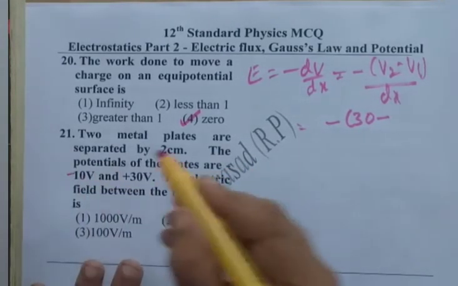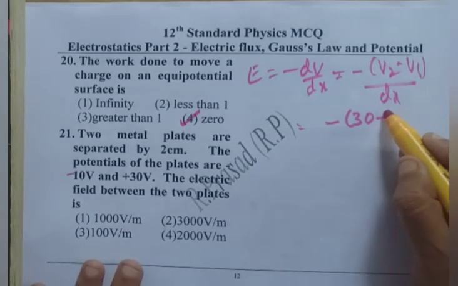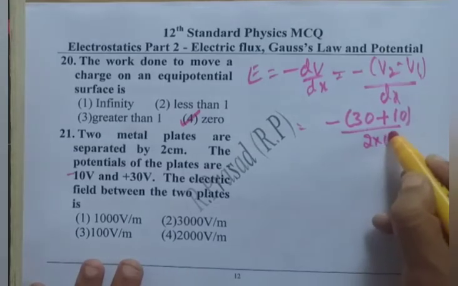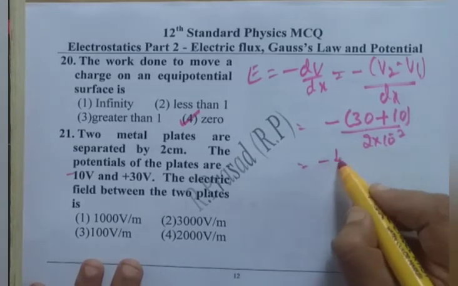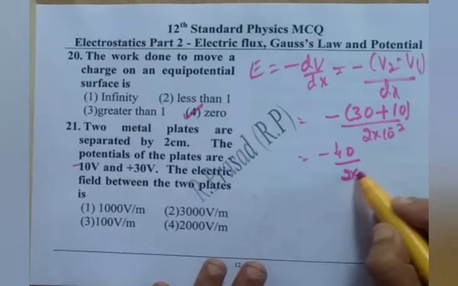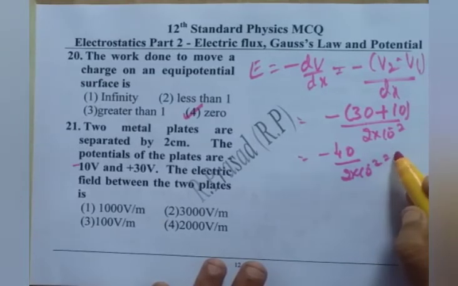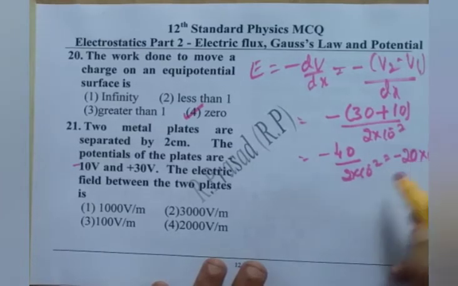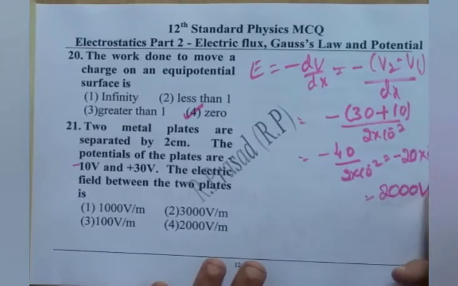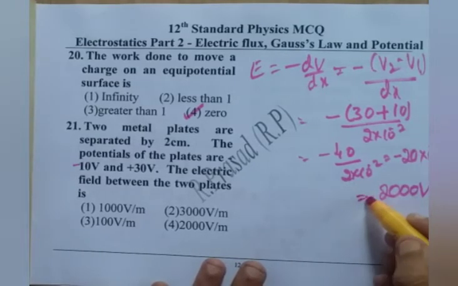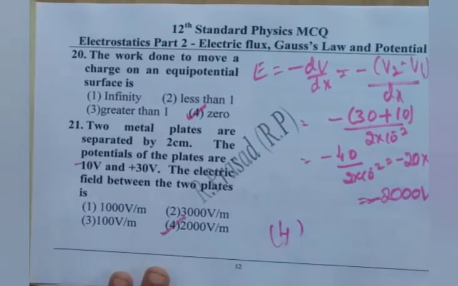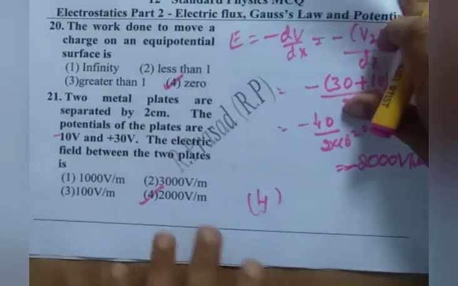Minus into minus plus 10 by dx, 2 centimeter, 10 raised to minus 2. That means minus 40 into 10 raised to minus 2, that means minus 20 into 10 raised to plus 2. That means 2000 volt per meter minus. So we can neglect the minus sign. Option 4 is right.